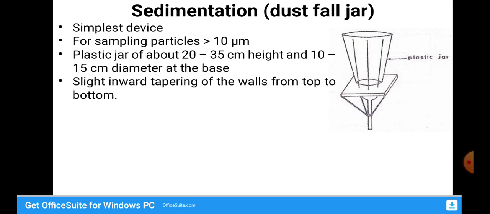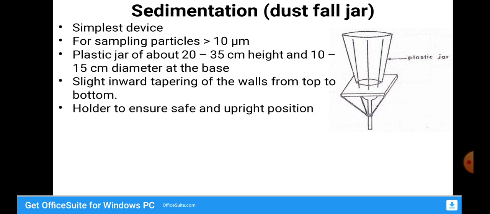There is a slight inward tapering of wall from top to bottom. As you can see in this figure, there is a holder at the bottom which will keep the jar in upright position.